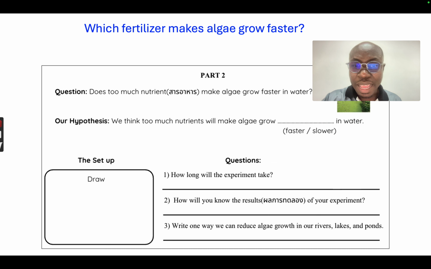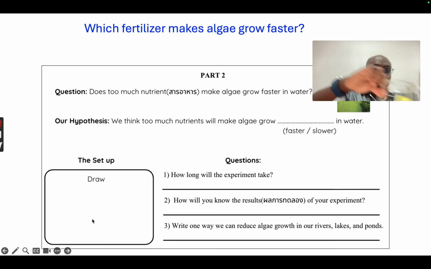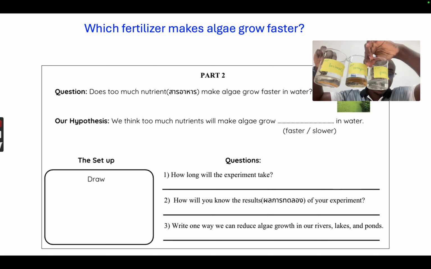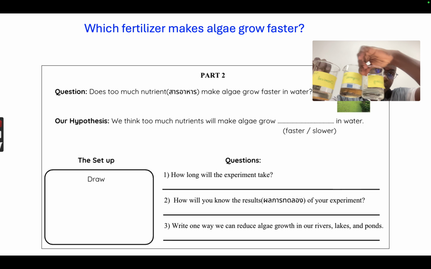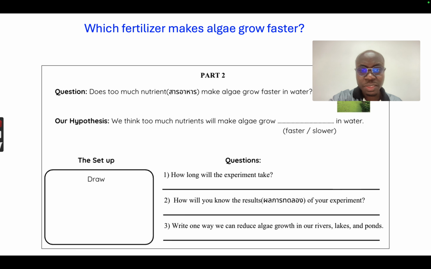Now, in your worksheet, I want you to do this part. This is the question. I want you to choose one answer. And I want you to draw this experiment on your worksheet. And I want you to answer the 3 questions. Number 1, how long?